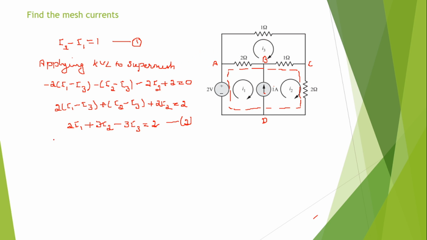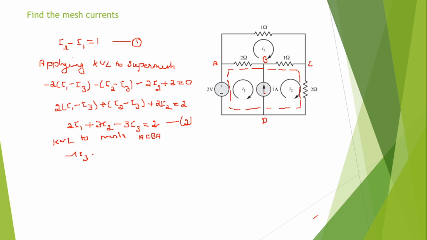So by applying KVL to mesh ACBA, what happens? A to C, current I3 flows. So minus 1 I3.